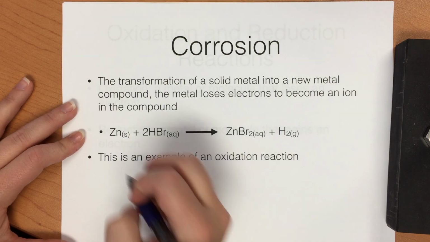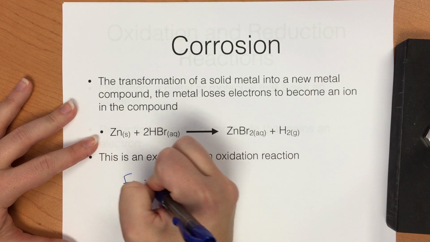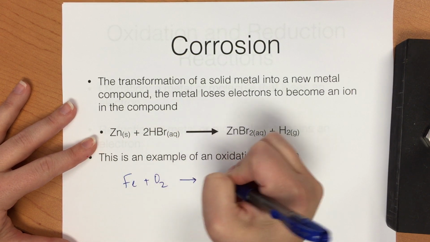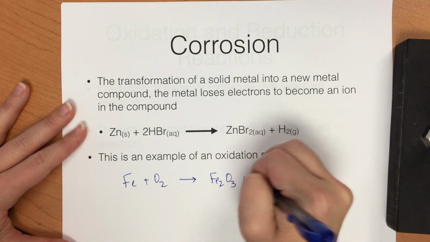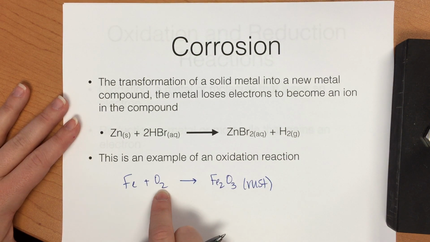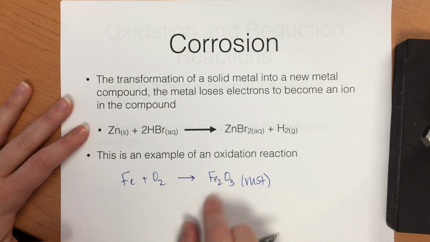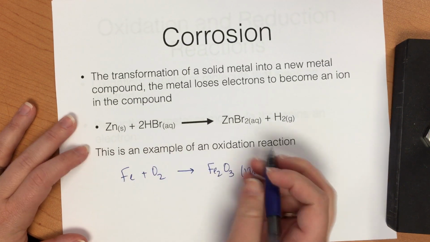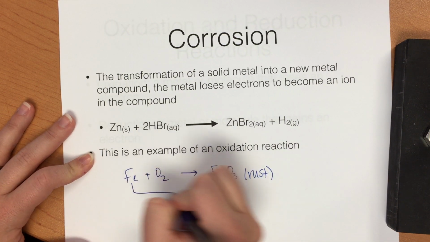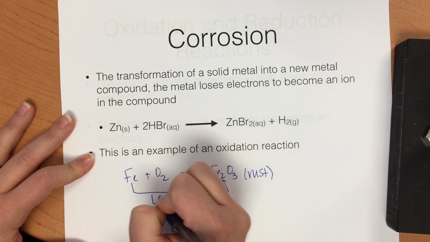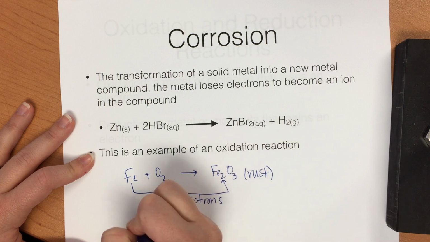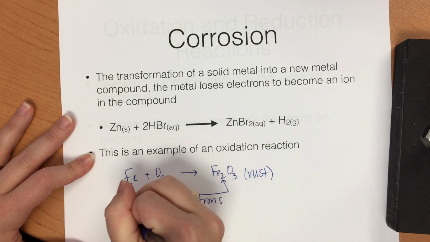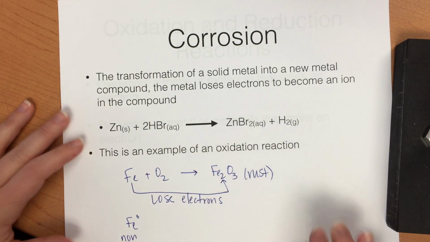Another reaction would be iron plus oxygen eventually going to Fe2O3. This is rust, and so the oxygen in the environment can create this. In this reaction, the iron is going to lose electrons because there is no charge here, so we have a non-charged entity.